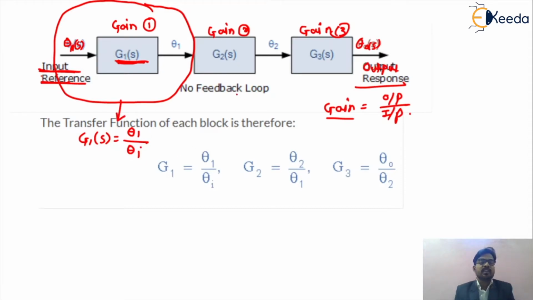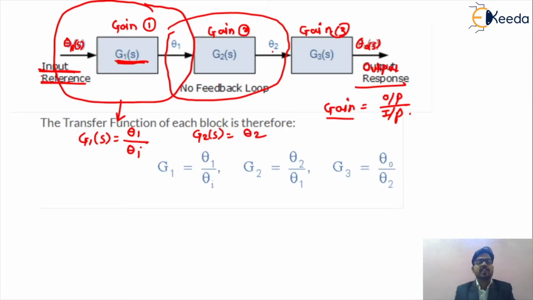Similarly, when we consider the second case, what will be the output of your second system? This is called G2s. G2s has the output theta 2. The input is theta 1. Now we can take the gain of the system as theta 2 divided by theta 1.